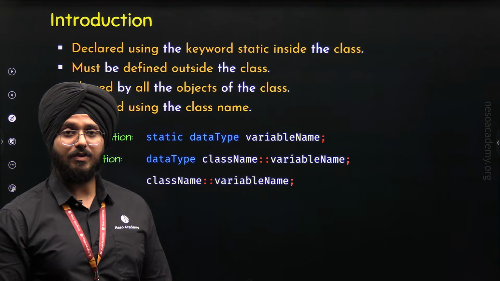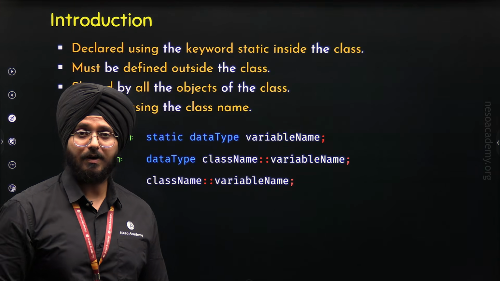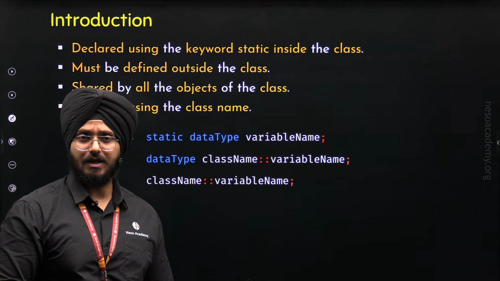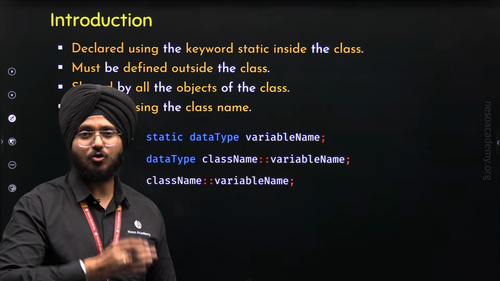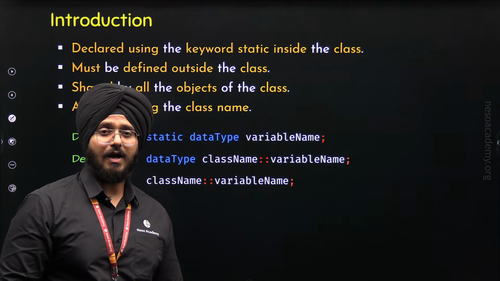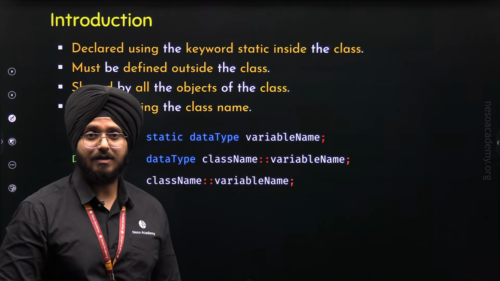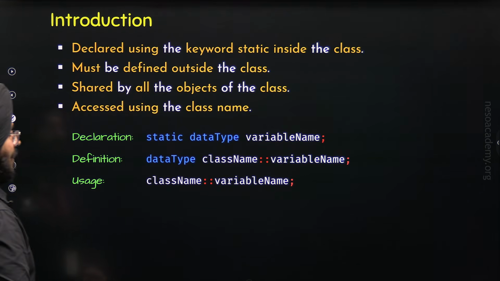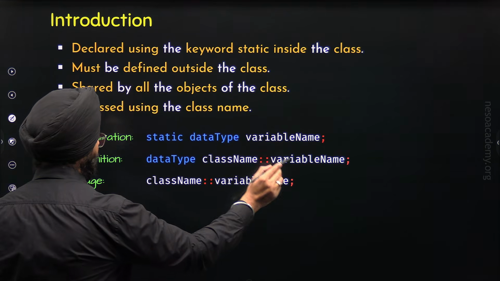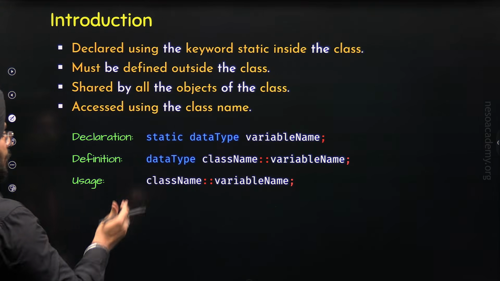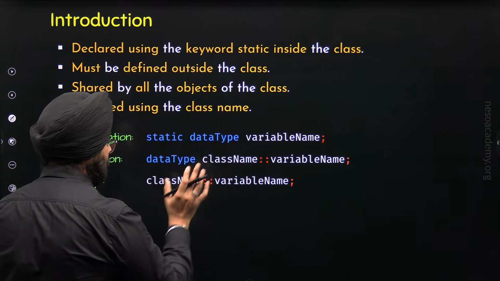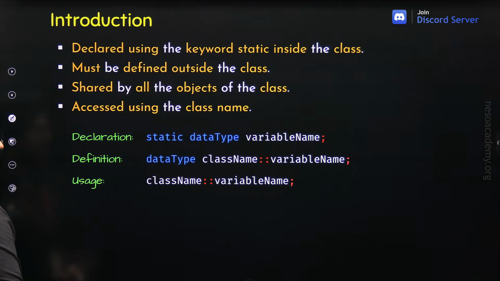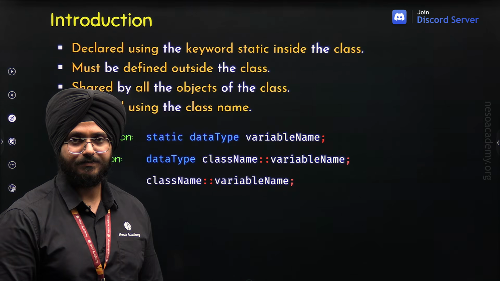We already know that with the help of the scope resolution operator, we can access global variables inside the function. Also, with the help of the scope resolution operator, we can define member functions outside the class. In the same way, we can define static data members outside the class with the help of the scope resolution operator, and this operator is also useful in accessing the static data member outside the class. I hope this is clear to you.